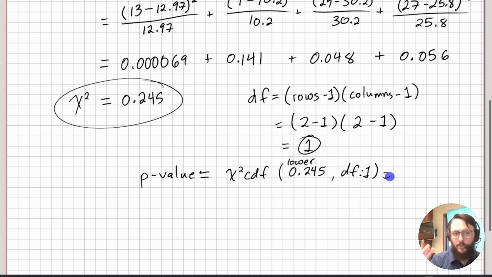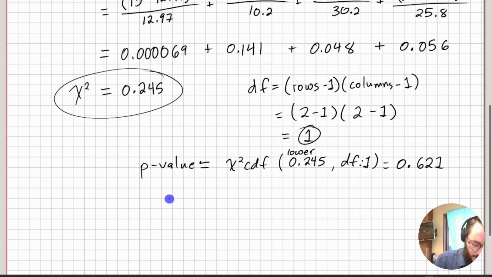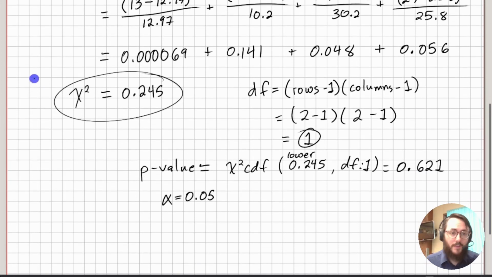Upper value is positive infinity, 1 degree of freedom. There we go. This ends up being 0.621. So there's a 62.1% chance that we get a distribution this extreme. But if we used a significance level, alpha, of 0.05, our p-value is much greater than that. So we would fail to reject the null hypothesis.